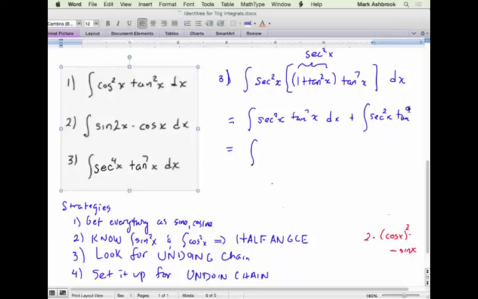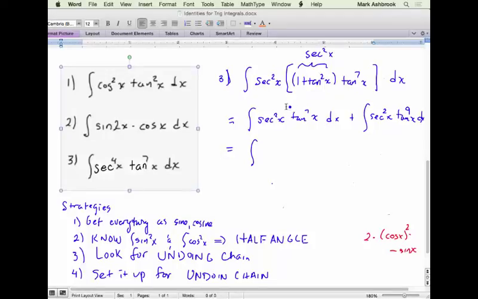Okay, did you see what happened? Any questions? Catch that? So I distributed the tangent to both of these, the tangent to the 7th, and then I distributed the secant squared to both of those. So this was secant squared times tangent to the 7th, and then secant squared times tangent to the 9th.